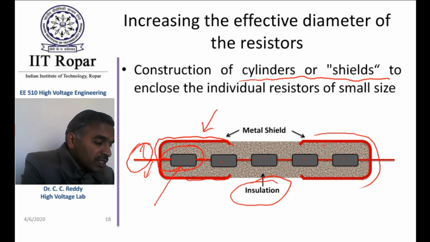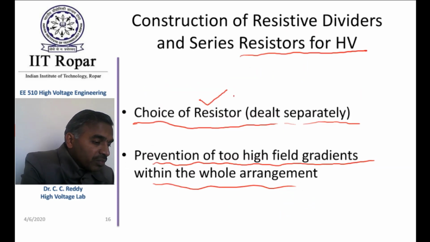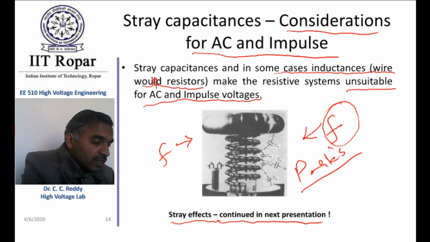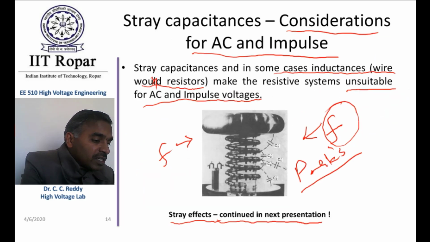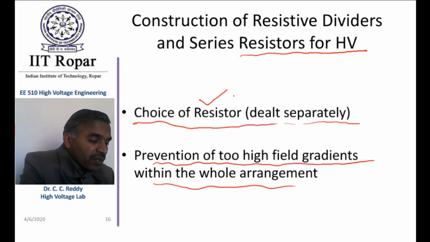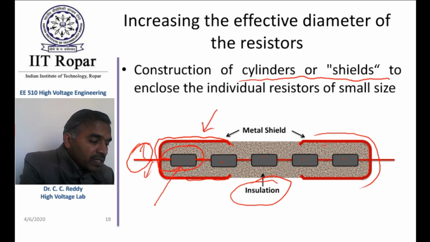So the resistors you were shown in the previous cases, this is not a single resistor, but it is a cylindrical structure. Here also, these resistors are not a single resistor, it is a cylindrical structure inside which 4 or 5 resistors are packed and shielded. So now what is happening? This is the actual diameter.